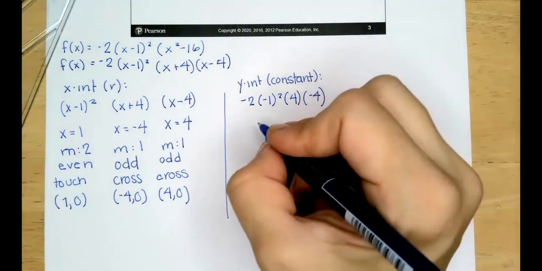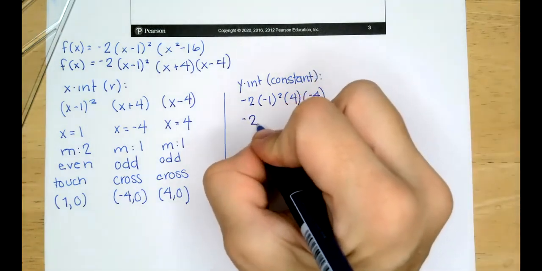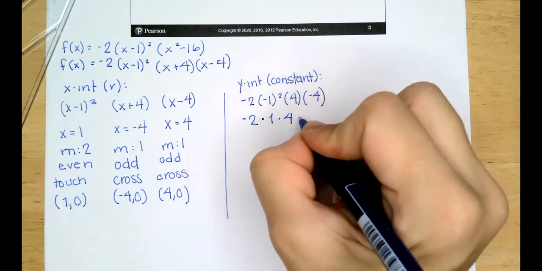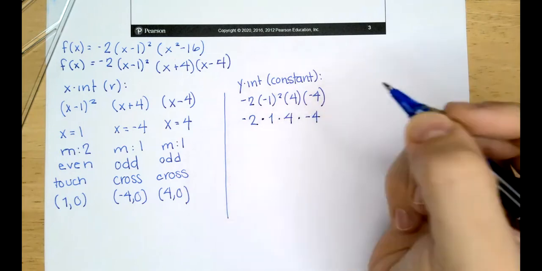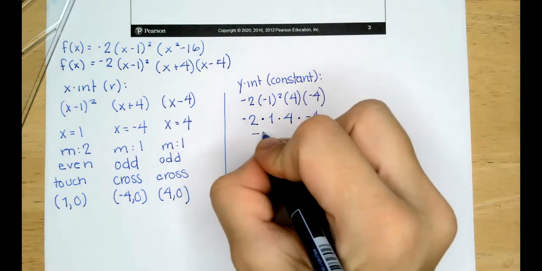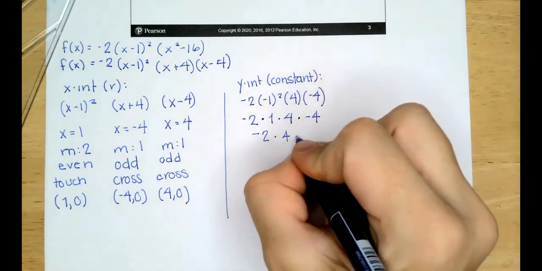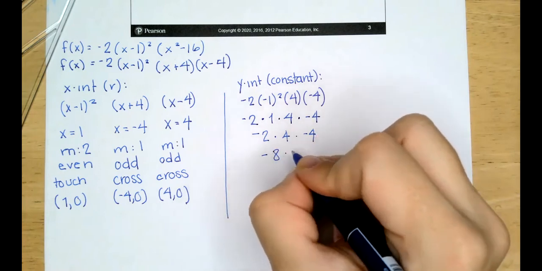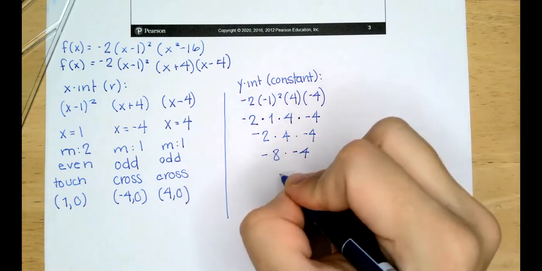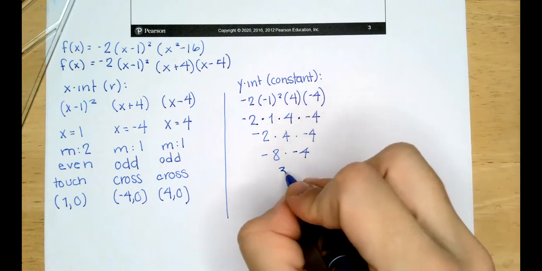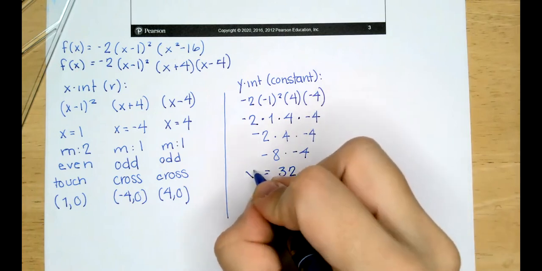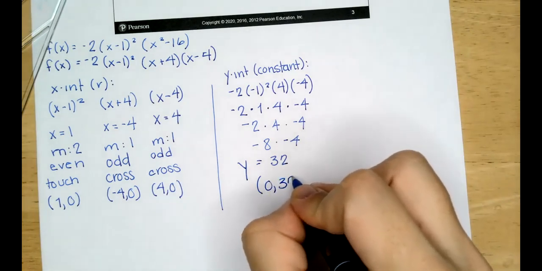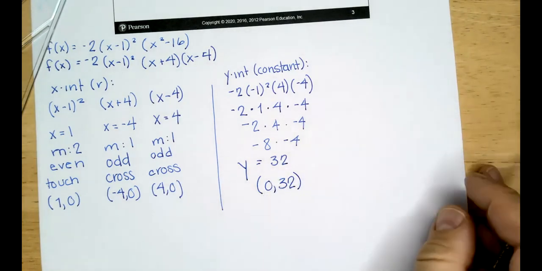Okay, so now that's -2 times 1 times 4 times -4. That becomes -2 times 4 times -4, which becomes -8 times -4, which becomes +32. So (0, 32) is my y-intercept.